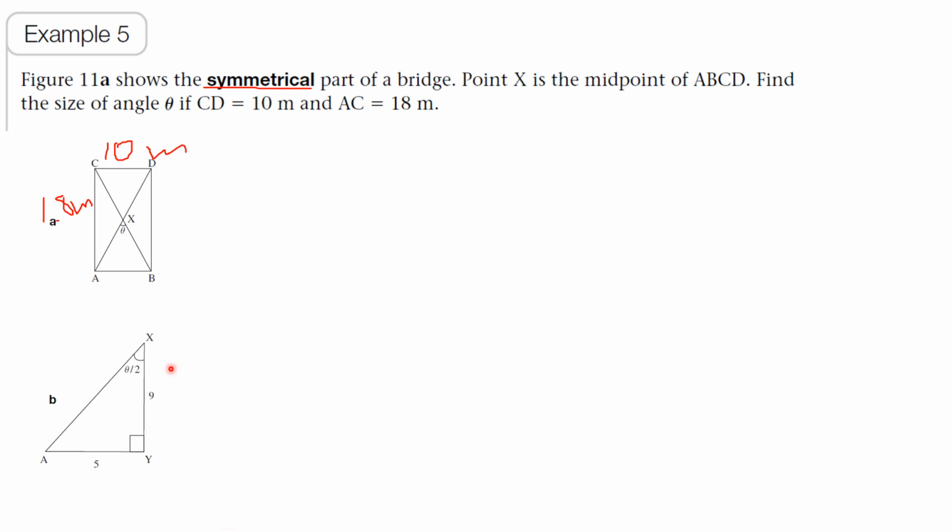Okay. So now let's look at this triangle here. When you look at this triangle, you have two sides. So you have this one and this one. And because of this, you can say this is 90 degrees because of this symmetrical part.